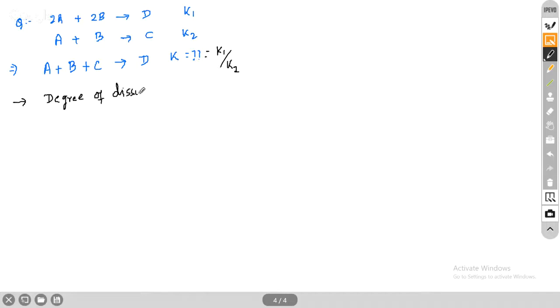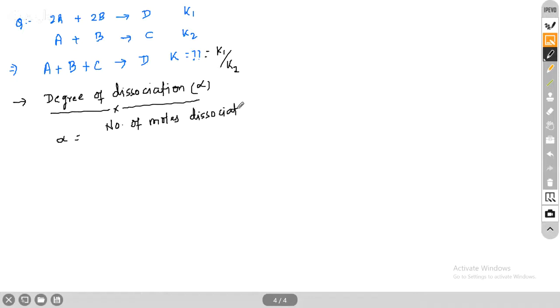Degree of dissociation, which is represented by alpha. It is the number of moles dissociated divided by the total number of moles initially taken.